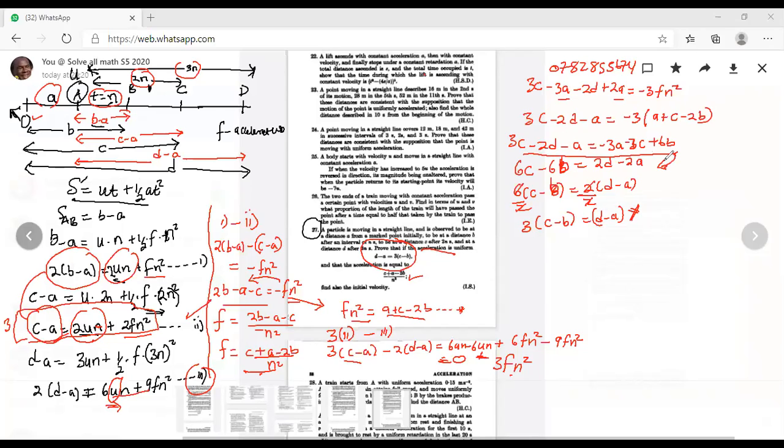This is negative 3c. Negative 3c comes and meets this 3c. A negative becomes a positive to form a 6c. Are we together? 2d crosses over and becomes a plus.